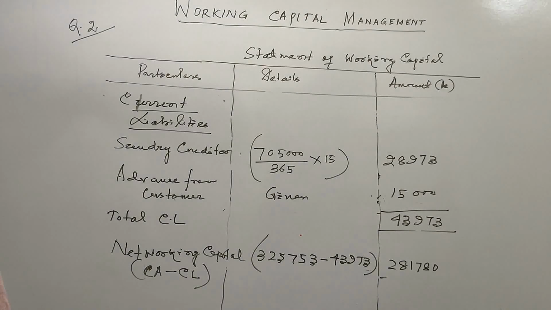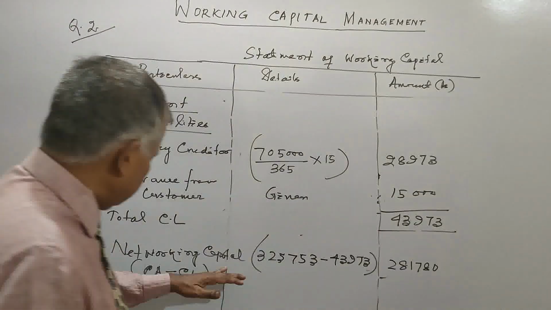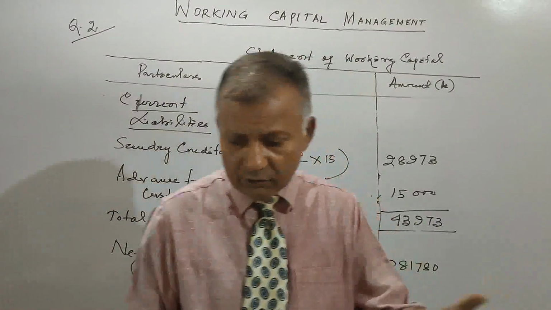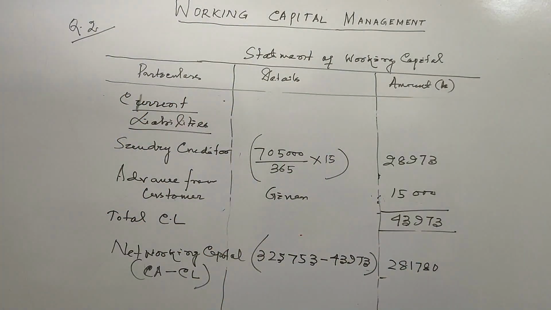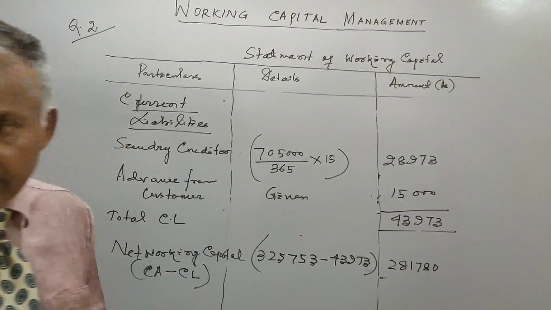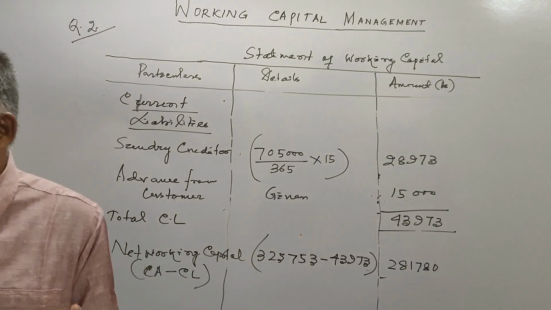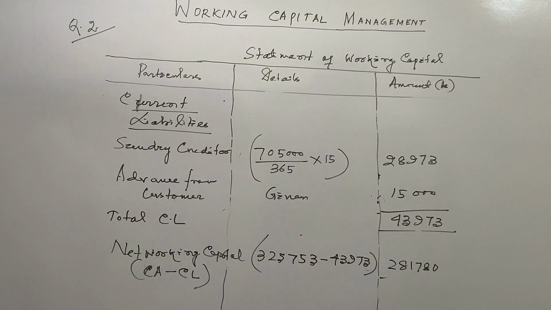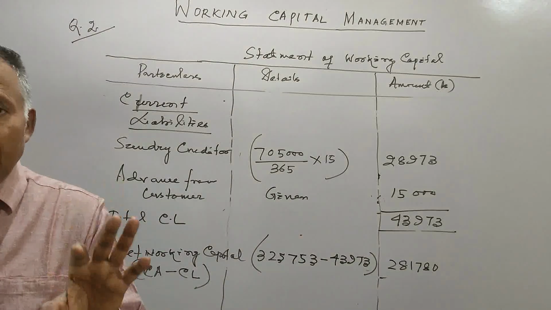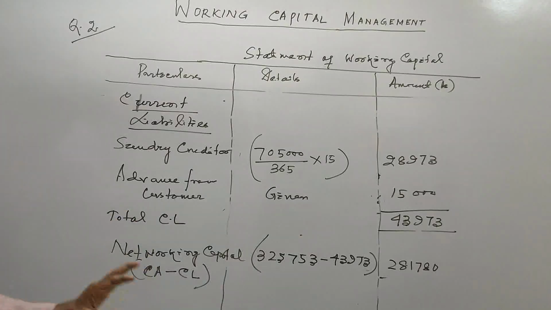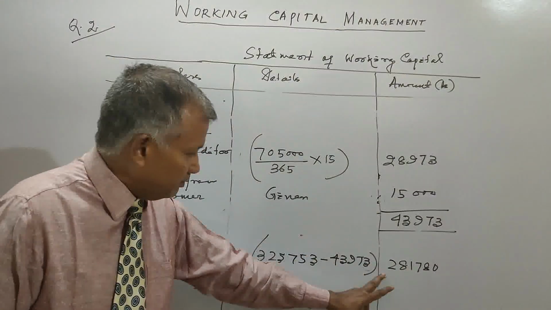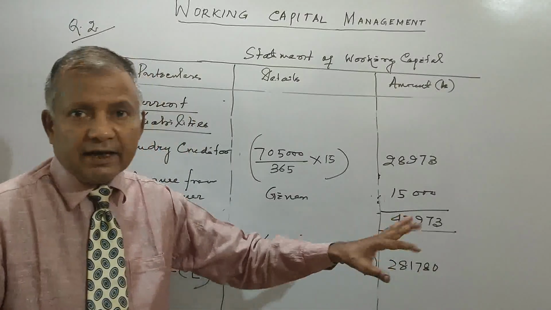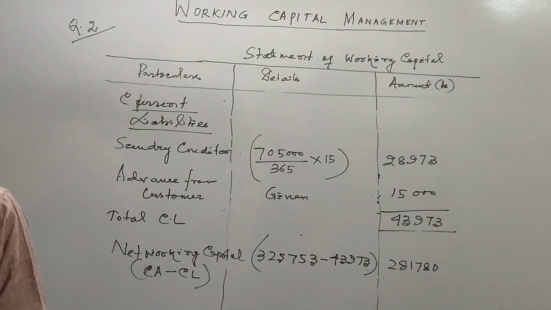So friends, if they ask you the question to find out the net working capital, then you have to stop the problem here. But as in the question I have given you, for the bank finance, the bank wants to deduct certain margin from this net working capital to find out the working capital requirement, right?